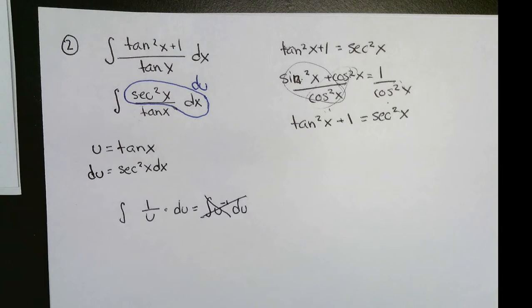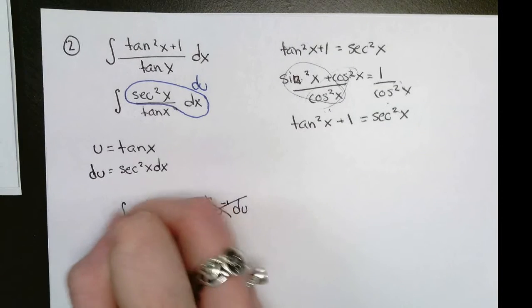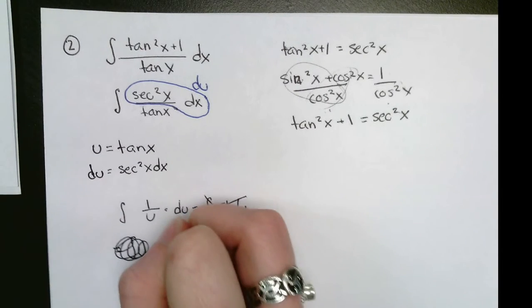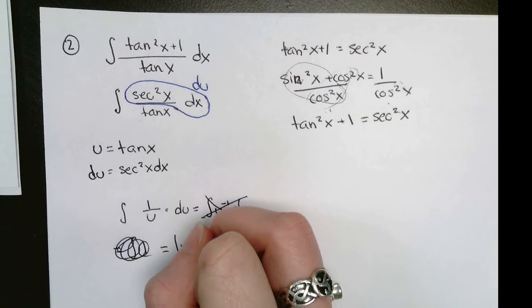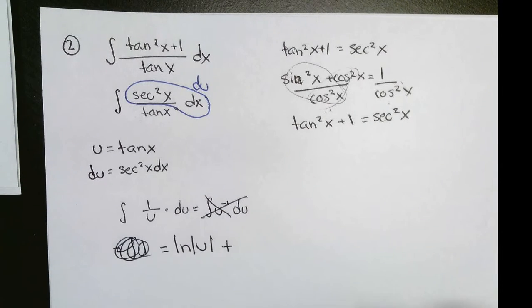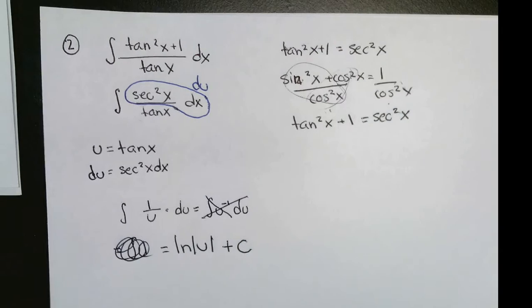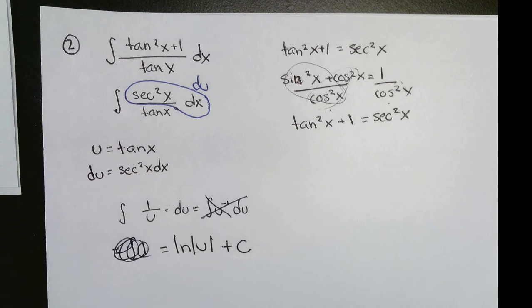What do we do instead? LN. Natural log of u. Plus? I was too busy writing.